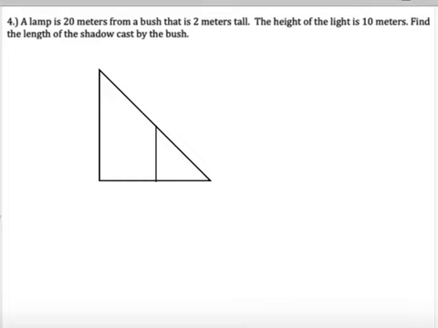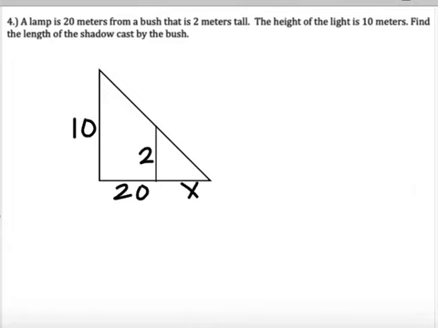The lamp for the height of the light is 10, and it's 20 meters from the object. And this is obviously not drawn to scale, okay? If you wanted to extend your side out longer, you could. So that bush is 2 meters tall, and then the unknown length there is x.